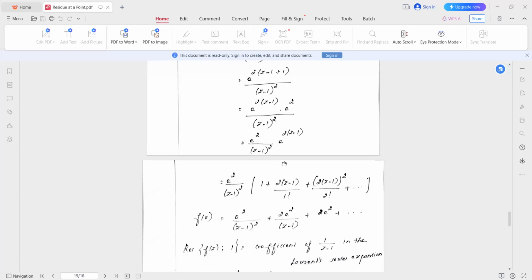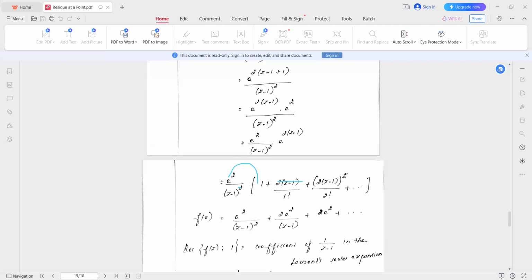Now we multiply the bracket term by e square by (z minus 1) the whole square. The first term is e square by (z minus 1) the whole square. In the second term, one z minus 1 gets cancelled, so we get 2 e square divided by z minus 1.